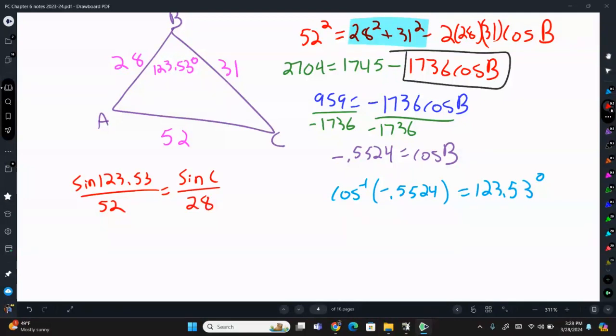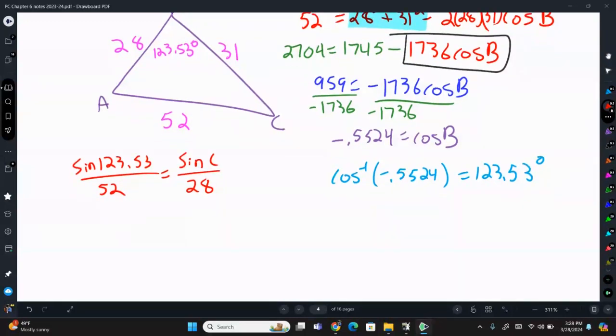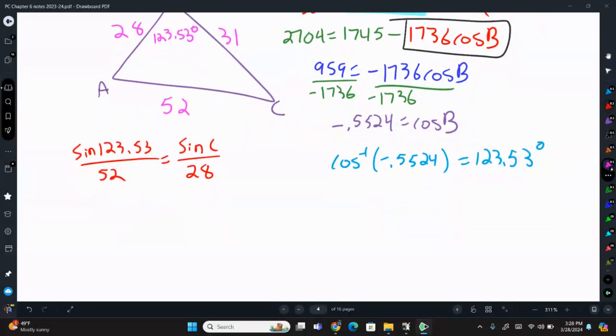And again, we know it's the smallest angle because it's across from the smallest side. So then we'll cross multiply and divide. So 28 times the sine of 123.53 over 52 equals the sine of C.